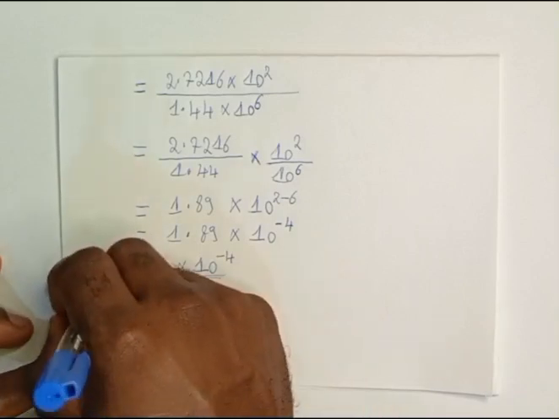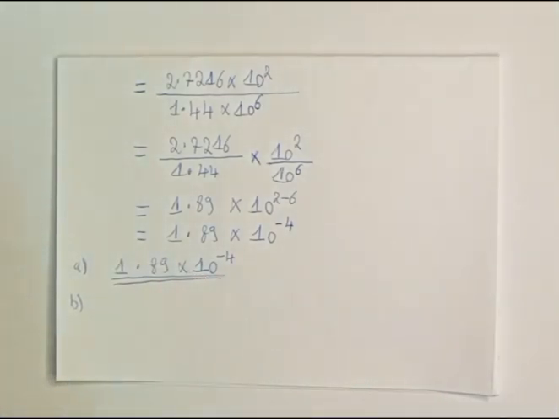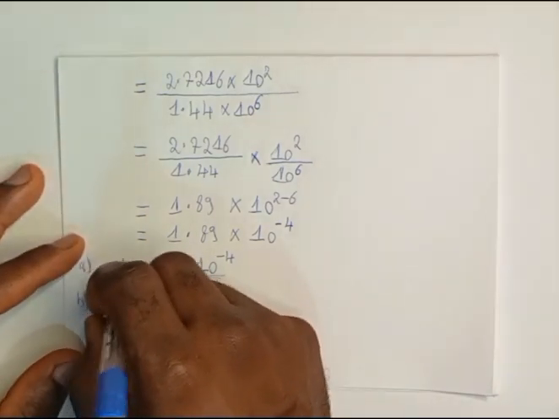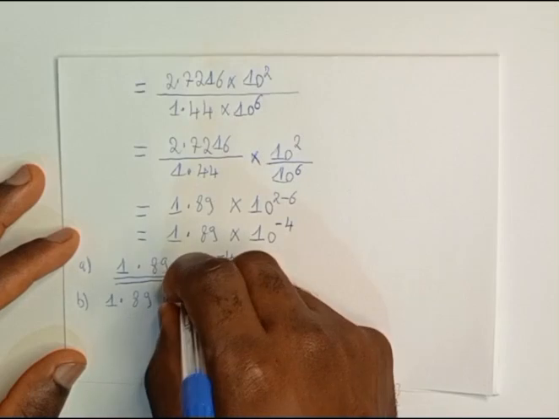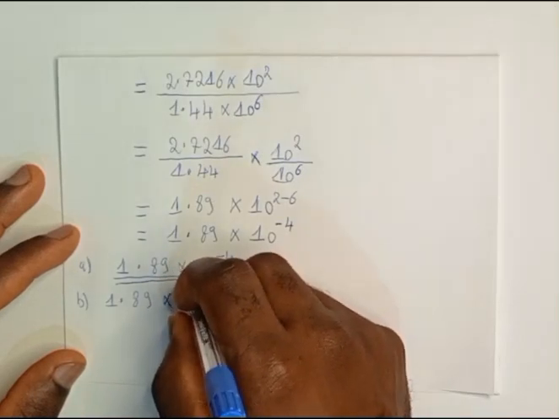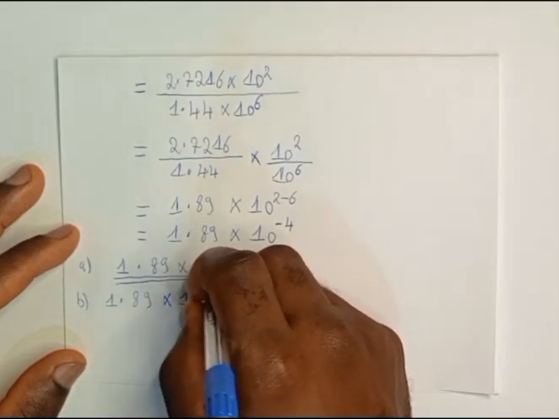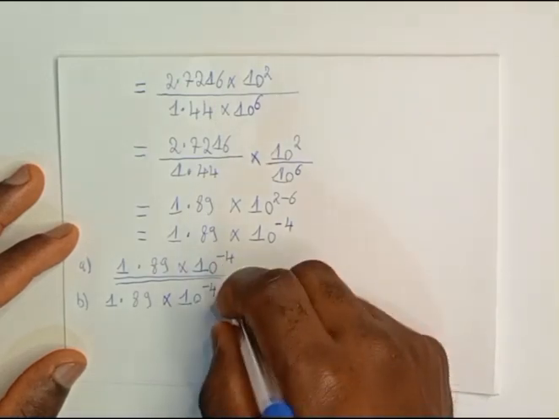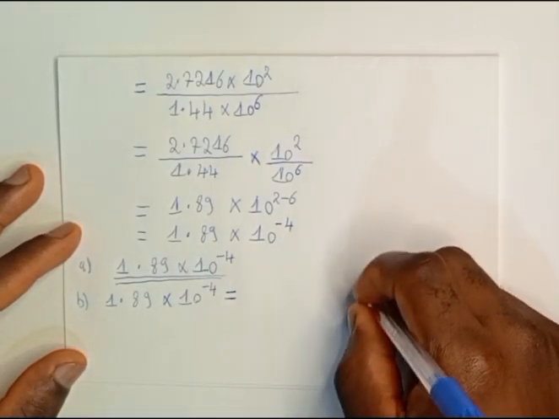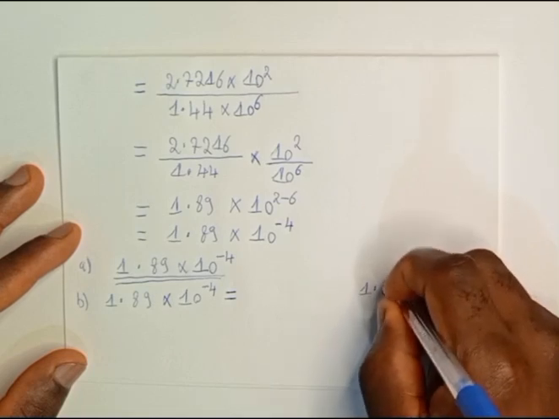For question B, it is asking us to give our answer to two decimal places. For us to give our answer to two decimal places, we need to express the number 1.89 times 10 to the power negative 4 in full. You know, this will simply be equal to, we're going to write 1.89.